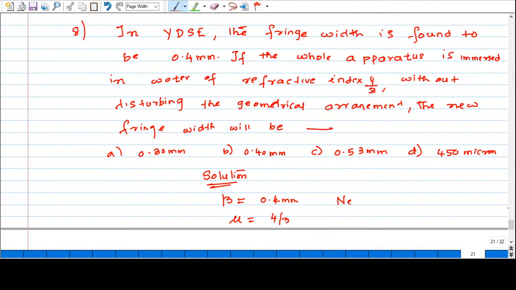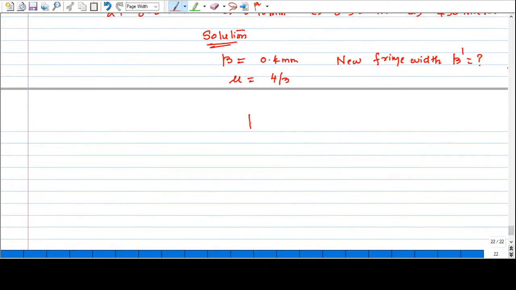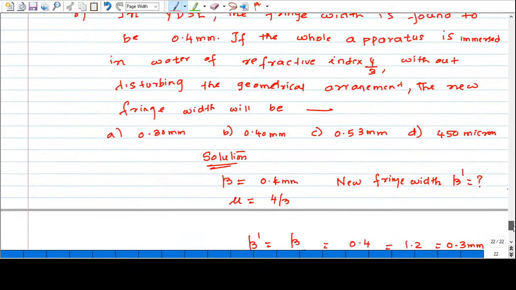And the question asked is the new fringe width, beta dash, is a question mark. Already I have given the formula. The formula for beta dash to find the new fringe width is beta by mu. That is equal to 0.4 by 4 by 3. Then it is nothing but 1.2 by 4, which will give you 0.3 mm. The option lies in A, 0.30 mm.